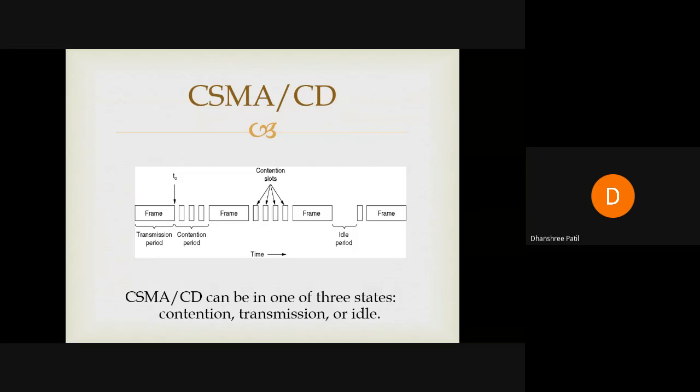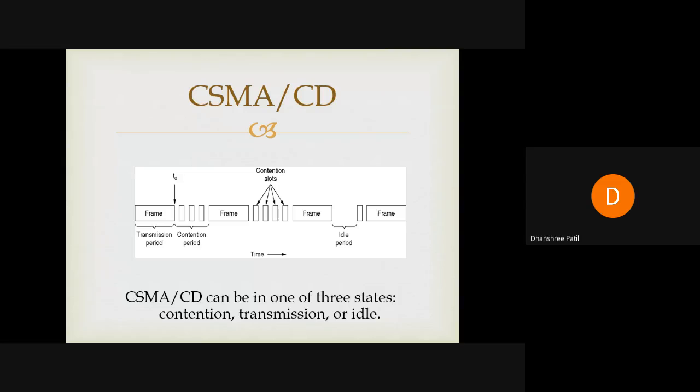As I told you, I need to show you one diagram related with the CSMA CD. Generally CSMA CD happens using three steps or three stages: contention, transmission, and idle. Contention is a state where collision as well as transmission can happen.